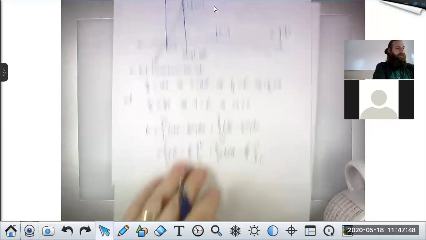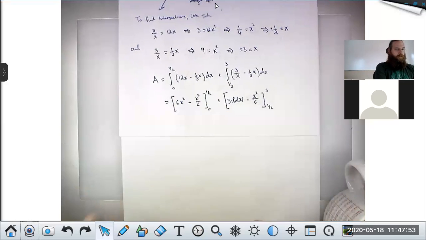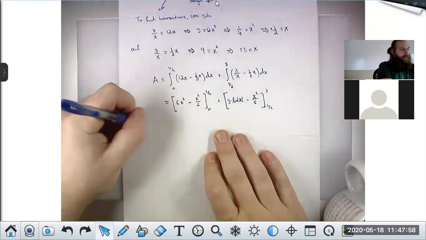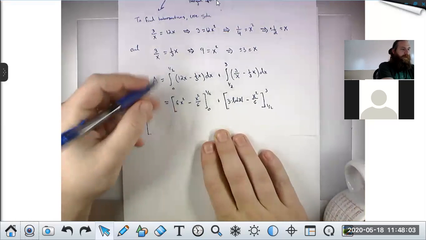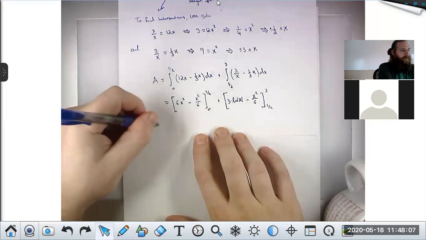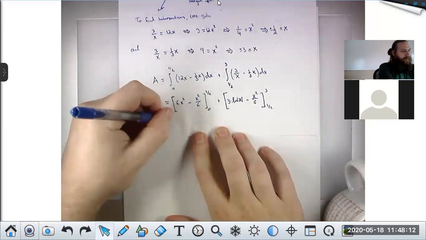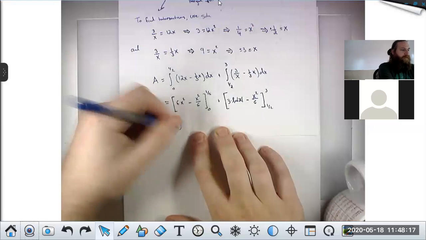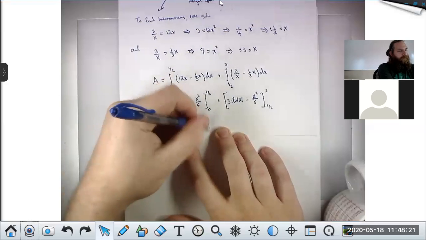So I can move this down a little bit, and we can continue our work. That first piece, if I go ahead and do the evaluation, 6 times 1/2 squared is 6 times 1/4, minus 1/4 over 6. And then from that, I need to subtract 0, right? Because I get 0 when I plug in 0 to both of those.